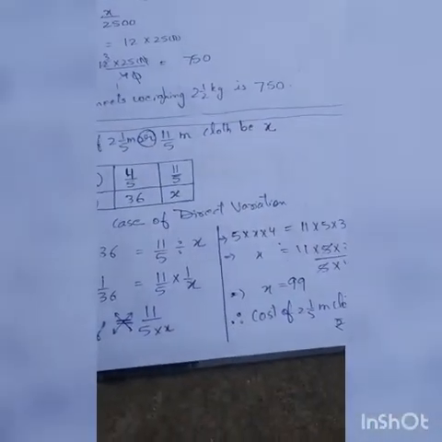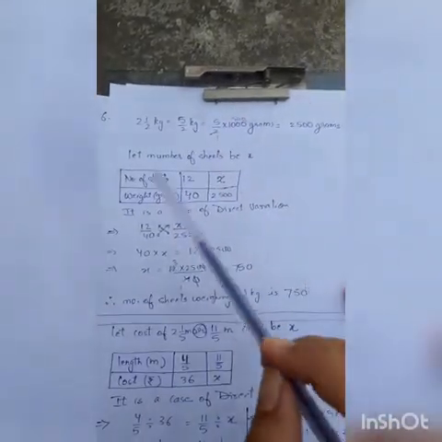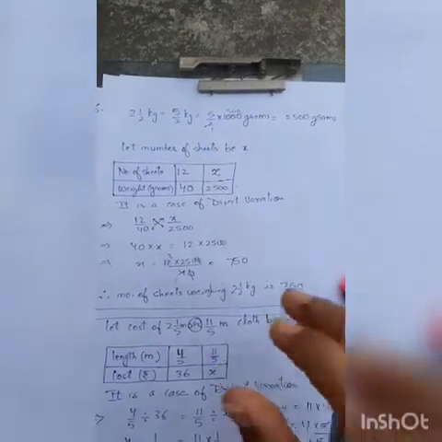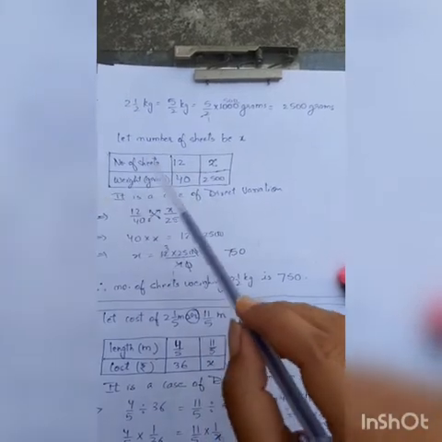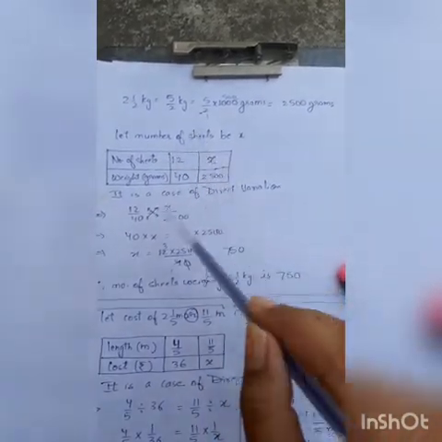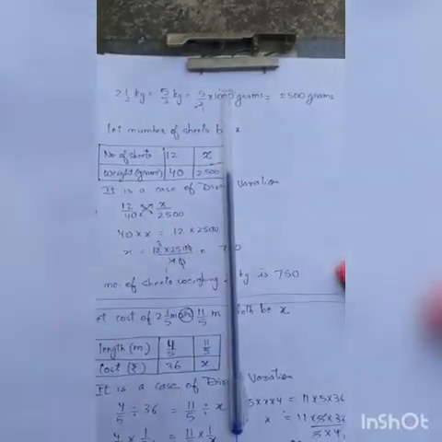Now, students, the next question is question number 6. In this, they were telling us that the weight of 12 thick sheets is 40 grams. What will be the weight of 2.5 kg sheets?